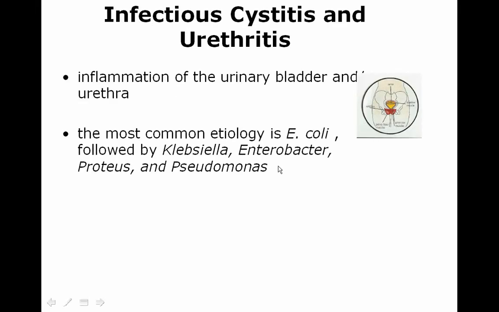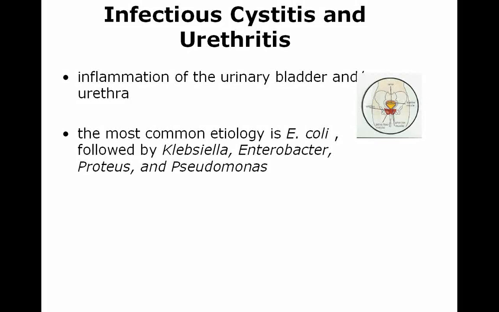Next, infectious cystitis and urethritis, inflammation of the bladder and inflammation of the urethra. Infectious identifies it as being caused by a pathogenic organism. The most common of the pathogenic organisms causing cystitis and urethritis would be E. coli, Klebsiella, Enterobacter, Proteus, and Pseudomonas.